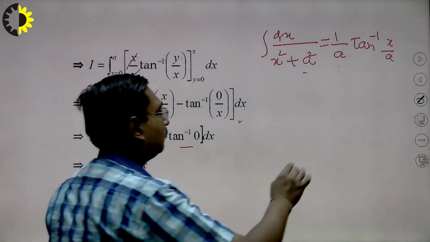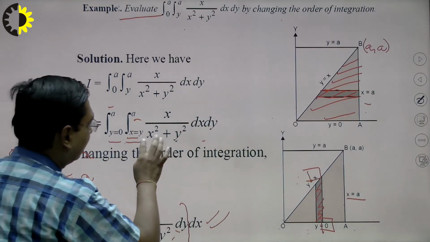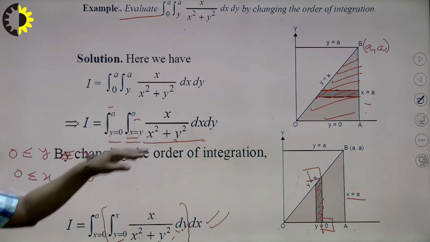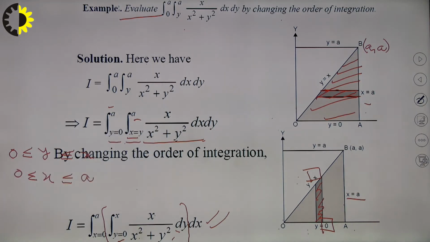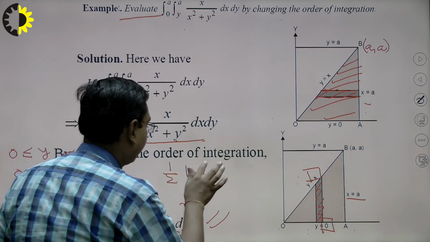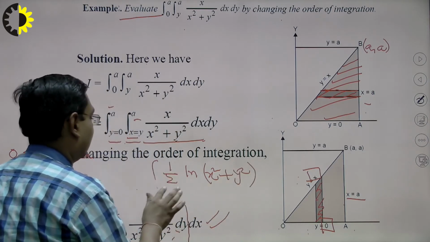Suppose I don't want to change the order of integration, then this integral will be evaluated with respect to x first. In that case, this x square plus y square will be taken as t, and the value of this will be half ln x square plus y square.